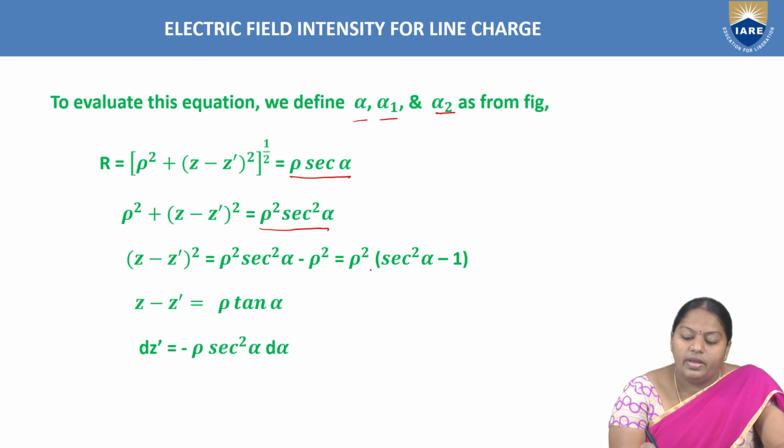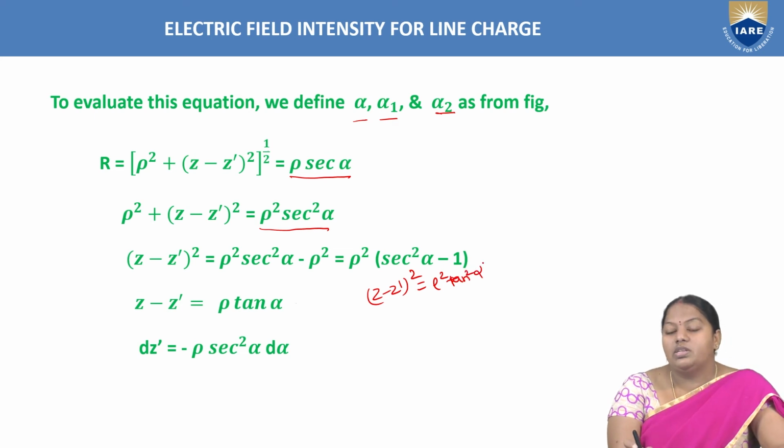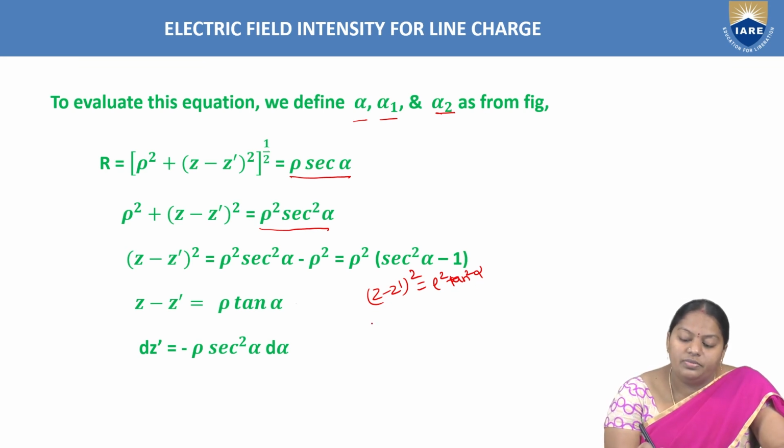So rho squared into (secant squared alpha minus 1). Secant squared theta minus 1 is the formula for tan squared theta. Then (z minus z dash) whole squared equals rho squared into tan squared alpha. Why? Because secant squared theta minus 1 is the formula for tan squared theta, hence we substitute, and it becomes rho squared tan squared alpha.